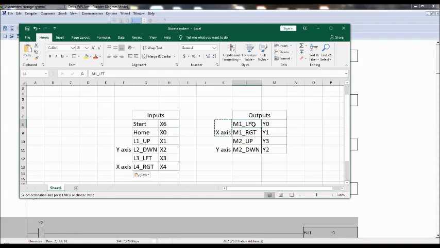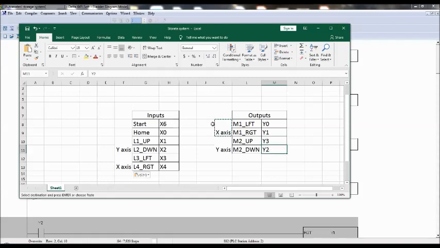By giving the signal y0, the motor rotates in one direction, and if y1 is on, in the reverse direction. So we gave M1 left and M1 right. Similarly, in the y-axis also one DC motor is there with two directions, up and down. If y3 is on, upward direction; if y2 is on, downward direction.